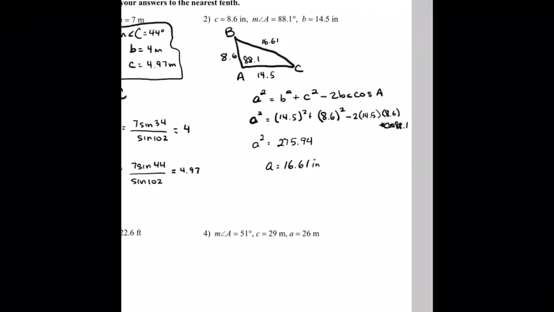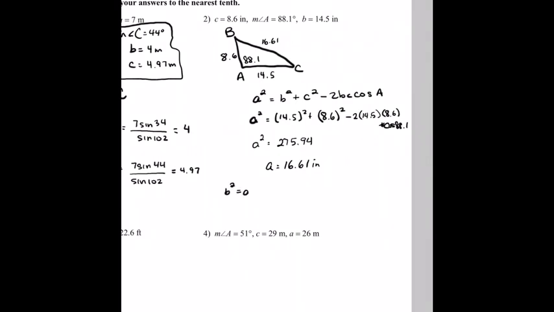So essentially we're using law of cosines. So this version, b squared equals a squared plus c squared minus 2ac cosine of b.